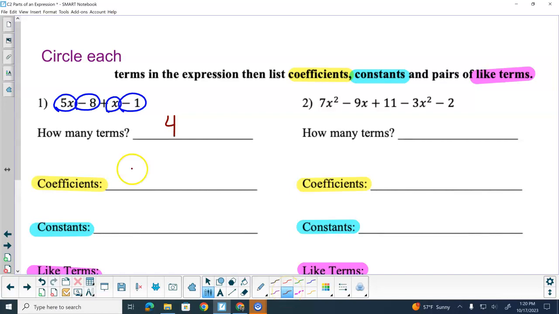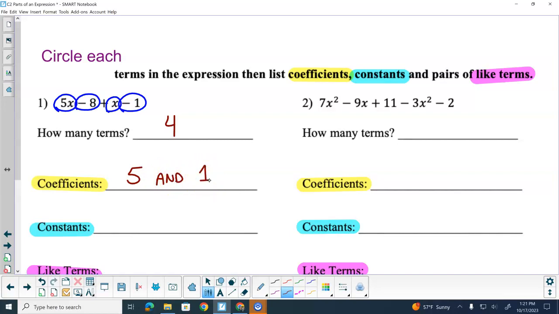Remember, a coefficient is the number out in front of a variable. Does negative 8 have a coefficient? No, because it doesn't have a variable. Got to have a variable in order to have a coefficient. Okay? Does x have a coefficient? What is it, Will? 1. It is 1. Yep.